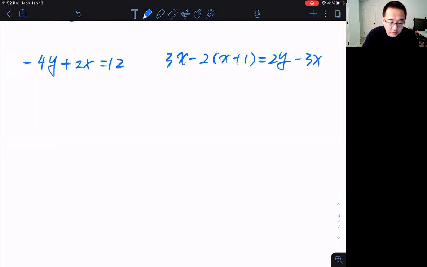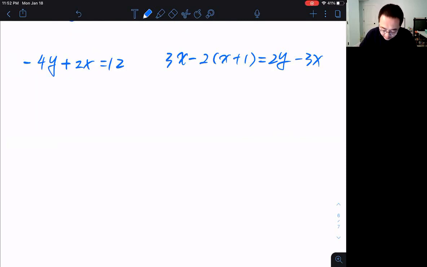The question is, are these two lines perpendicular? Let's figure it out. To do that, you first want to change the equations into slope-intercept form.